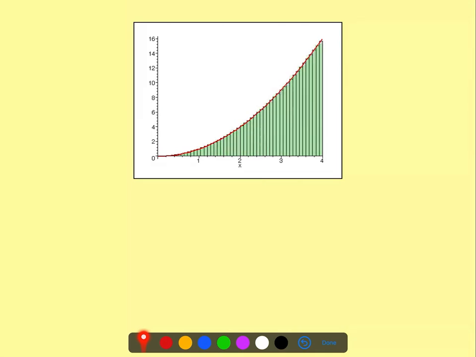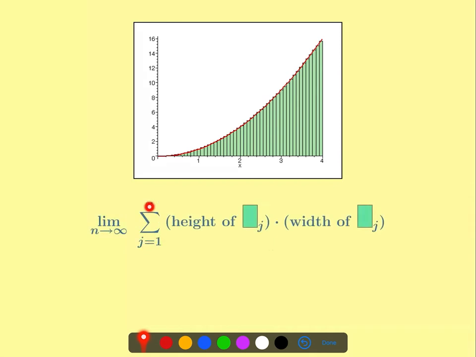So the idea is to take a lot of small rectangles, with the thickness being very small, and to approximate the area underneath the curve, we add up the areas of the small rectangles. I'm going to take the height of a rectangle and multiply that by the width of a rectangle. I want the number of rectangles to go to infinity, and the width is also getting small as we do this, so the width of these rectangles is going to 0.